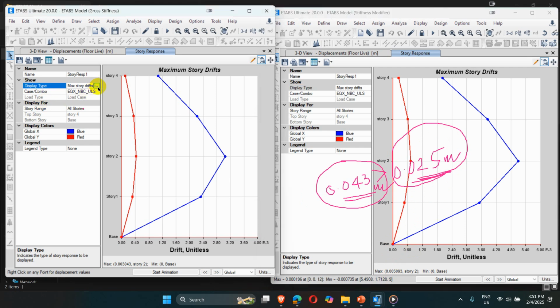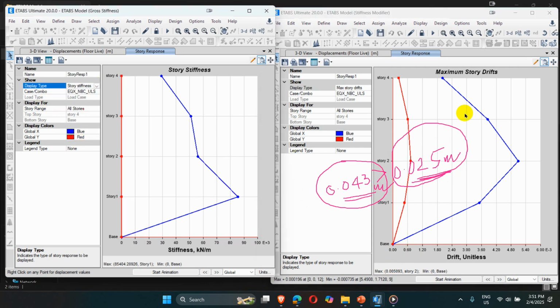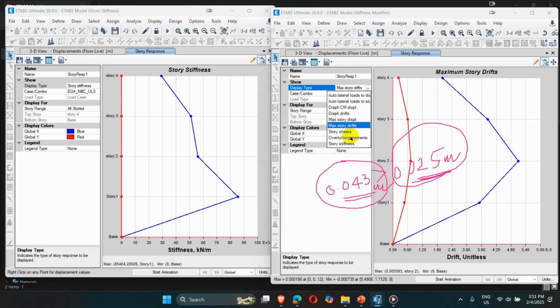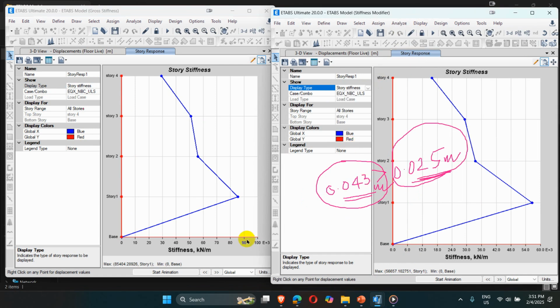So if we see the stiffness for both models, the maximum stiffness is at story 1 with a value of 85,404 for gross stiffness and 56,657 for the model with modified stiffness. So this is the model with low stiffness value. That's why the deflection is more.